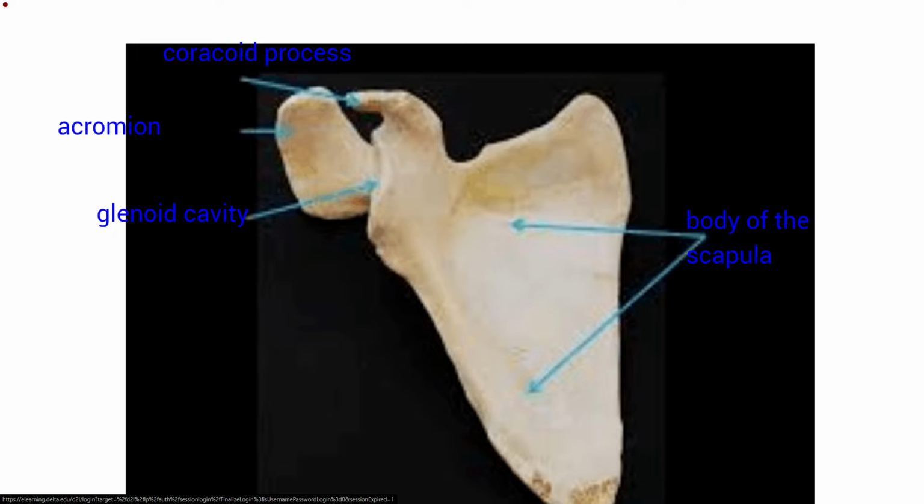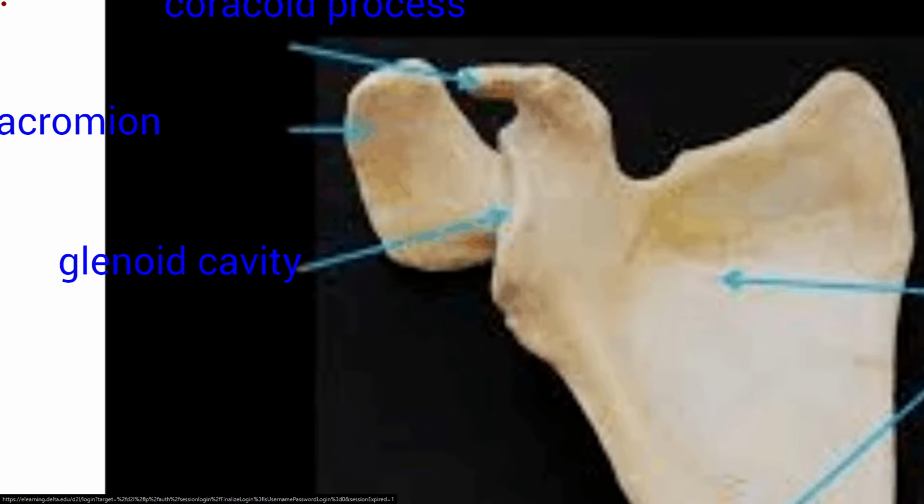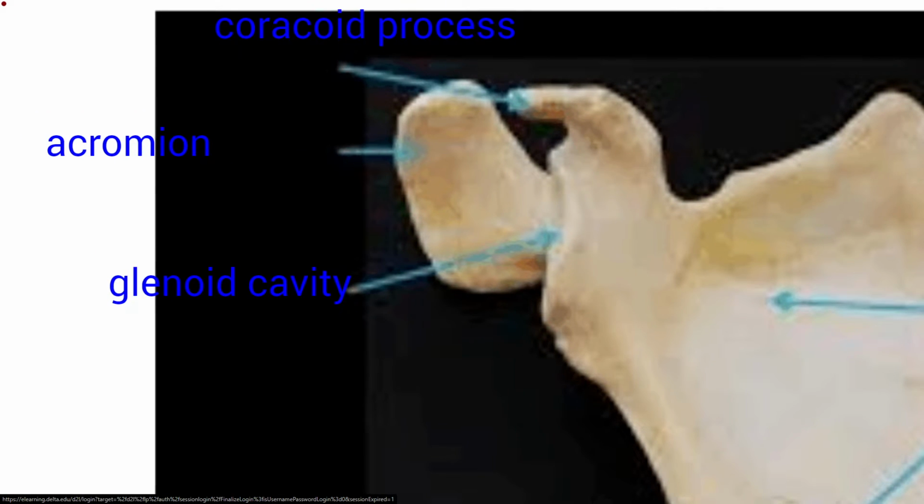Coracoid. So don't mix up coracoid and coronoid. I'll zoom in a bit so you can see those. This is the glenoid cavity, this depression here, acromion, coracoid process.